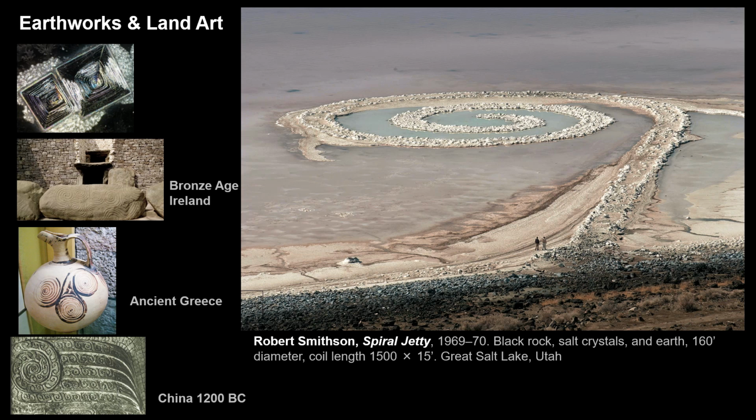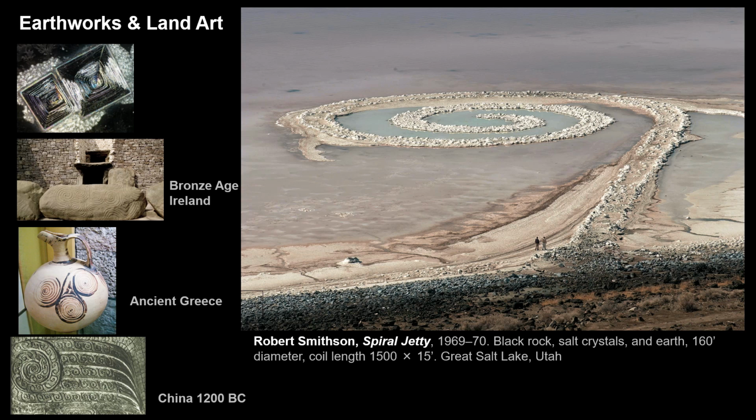We saw two works by his wife, Nancy Holt, earlier this semester. The work Sun Tunnels, and then the work at the Florida University using the sun. Her work often involves the movement of Earth and the sun and the planets and the stars together to create these sorts of experiences.